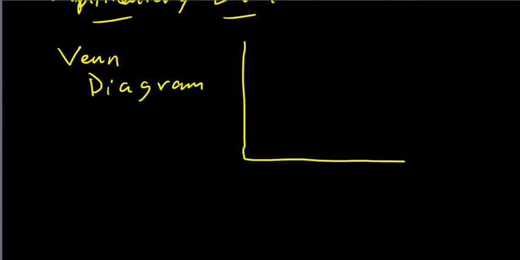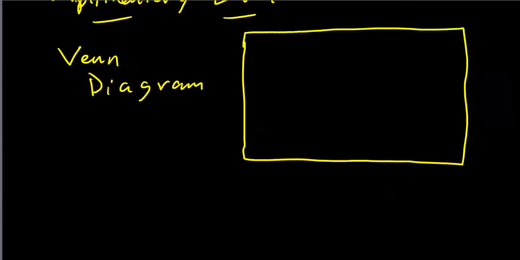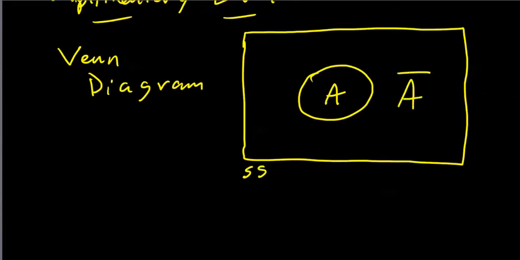If this rectangle represents our entire universe of available sample space, I'll abbreviate that SS, and if I have an event A, a circle that denotes an event A occurring within our universe of available possibilities, then I claim everything outside of A but included in the sample space is the complement of A, or what is sometimes called A bar, or what I call not A.